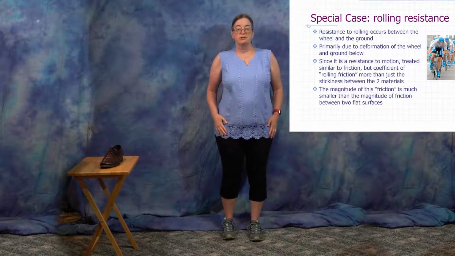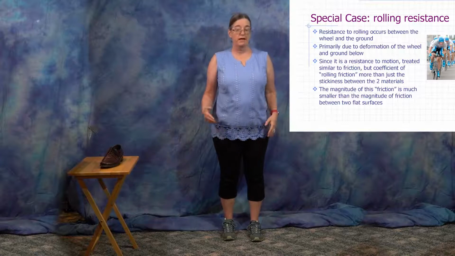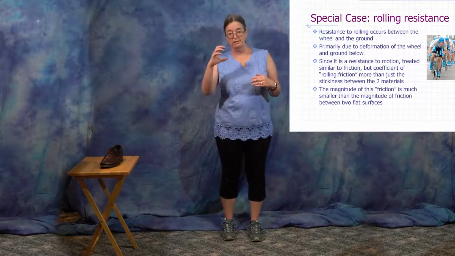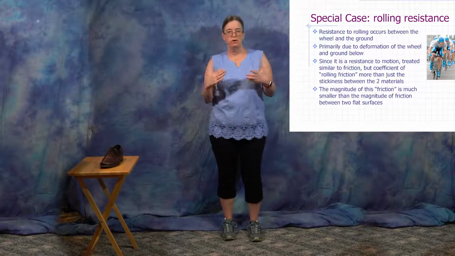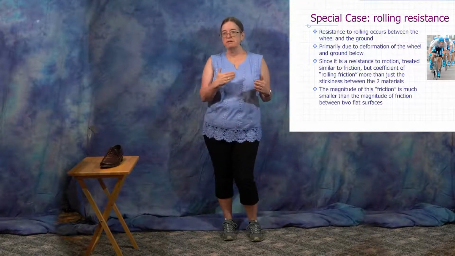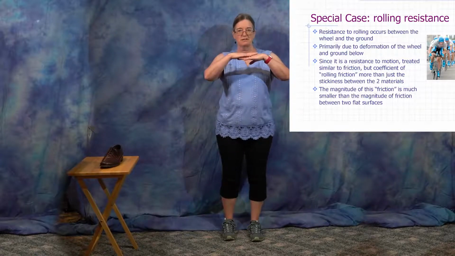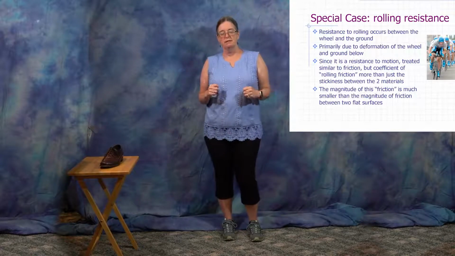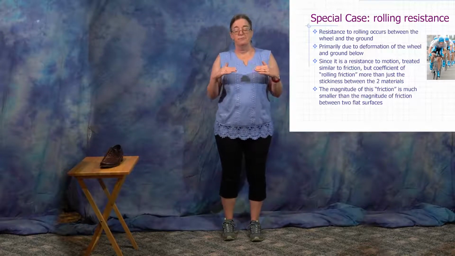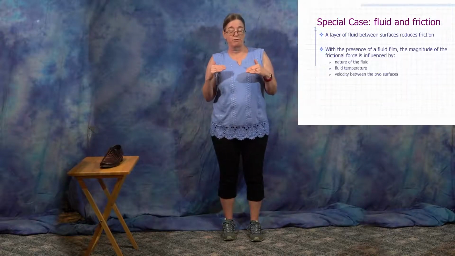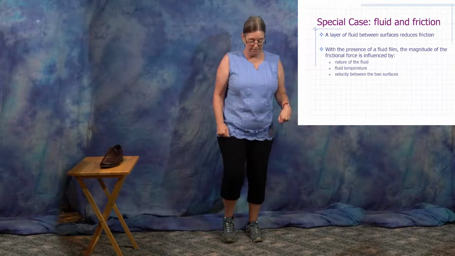It is typically smaller than what we would have with two flat surfaces. As long as something can roll underneath, you are not going to have the same friction, even if it was made out of the same material as the original flat surface itself. It's not going to require as much force to pull along.